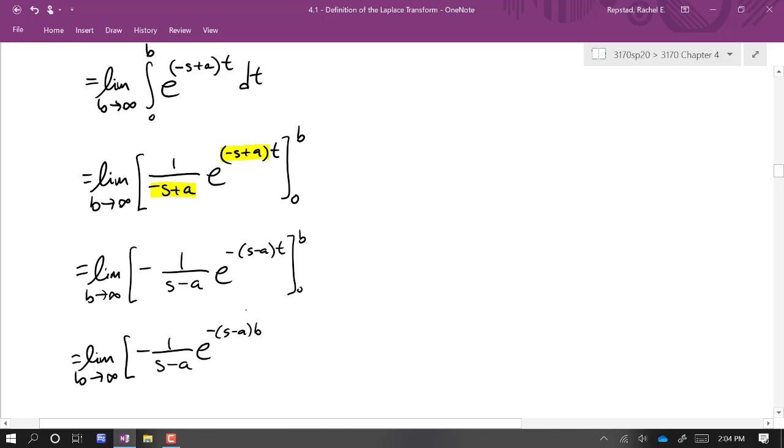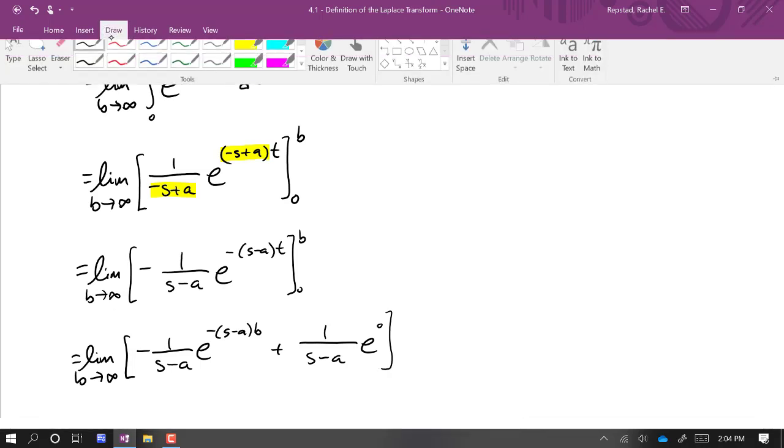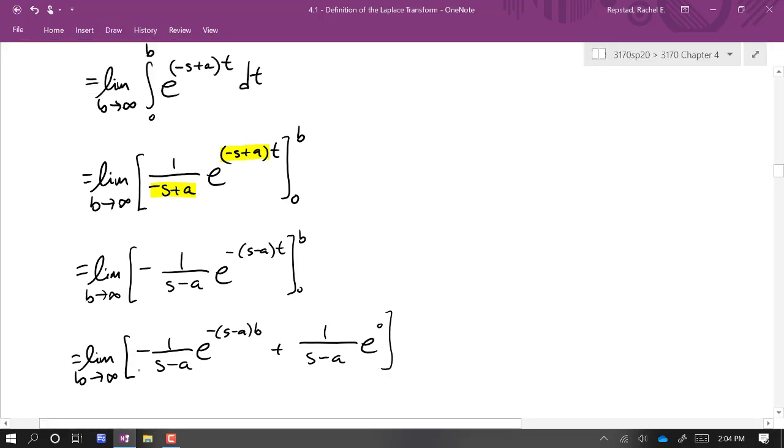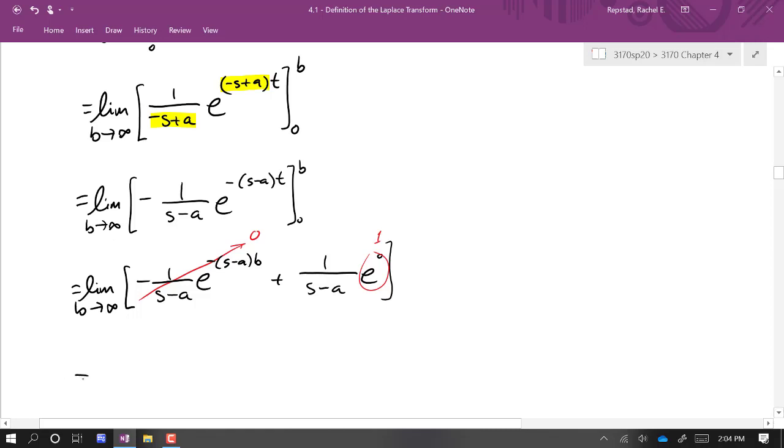And let's see, we're subtracting a negative, so plus 1 over s minus a e to the 0. Now as b gets huge, again, this exponent becomes a huge negative number. This fraction again goes to 0. E to the 0 is of course 1, so we get 1 over s minus a.